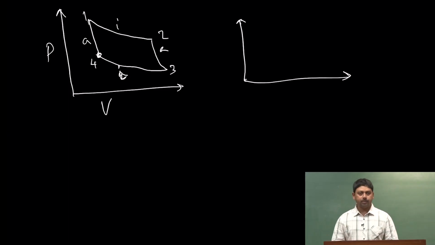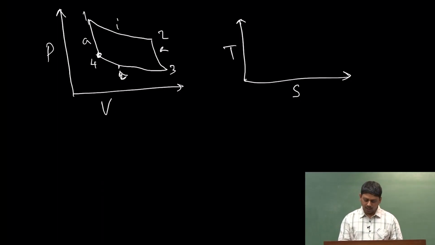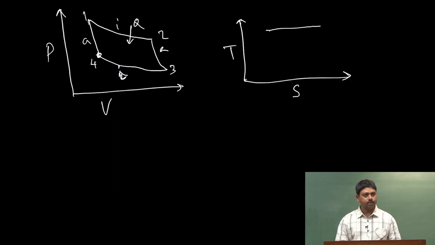Between 1 and 2, temperature remains constant because it is an isothermal process. However, since it is an expansion process, heat comes in in a reversible manner and the system's entropy increases. So it should be flat like this. Then 2 to 3 is an adiabatic expansion process.